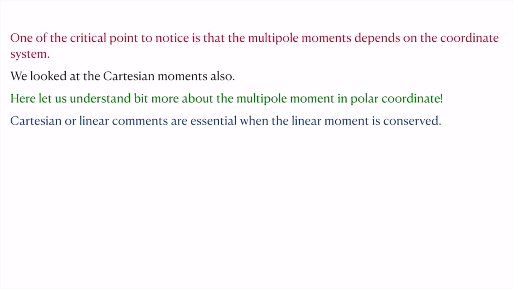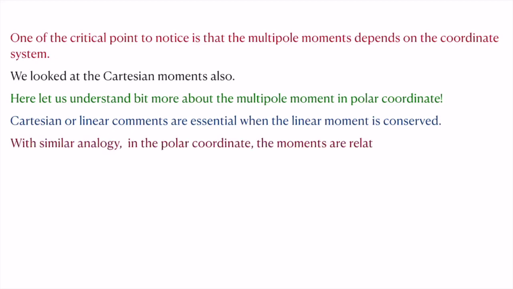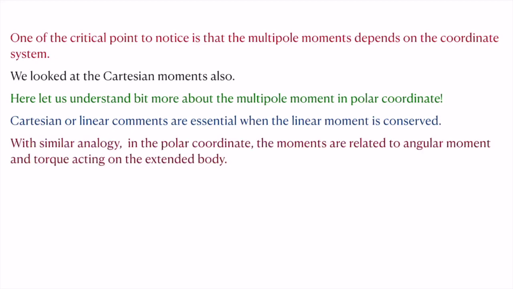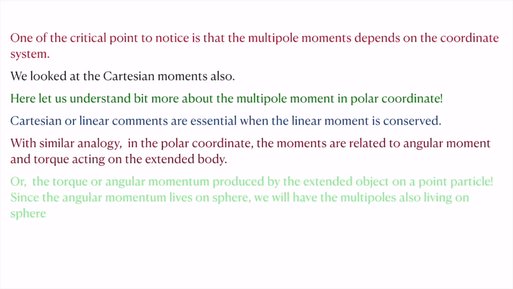The linear moment and conservation of them are natural for the Cartesian coordinate system, and hence the Cartesian multipole moments too. However, in analogy, in the polar coordinate, we have angular momentum and torque, which play an important role, which we have seen in the dynamical system, simple Newtonian mechanics, or in the study of extended bodies.